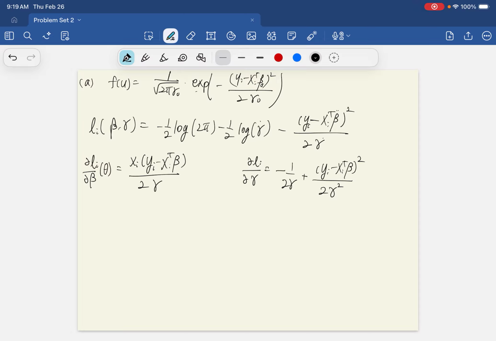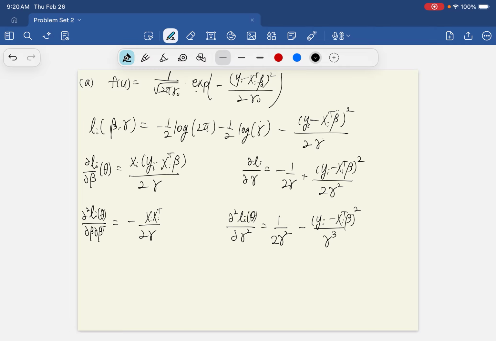Now let's do the second derivative. The second derivative with respect to beta is simple: minus xi xi transpose over 2 gamma. And also the second derivative with respect to gamma is 1 over 2 gamma squared minus (yi minus xi transpose beta) squared over gamma cubed.